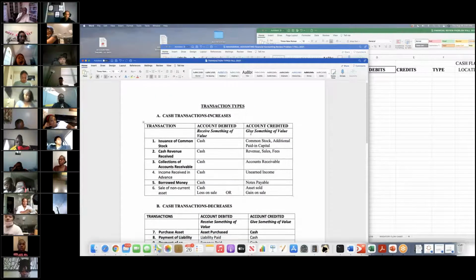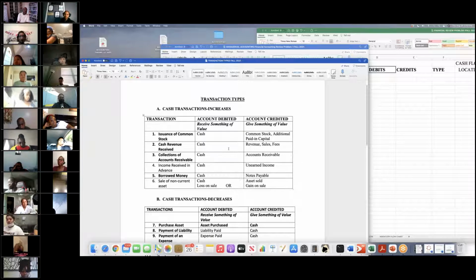When I teach accounting, in the first course in journal entries, I have this chart. If cash increases, there are 6 ways that can happen, and in each of those journal entries, we debit cash and credit a related account.